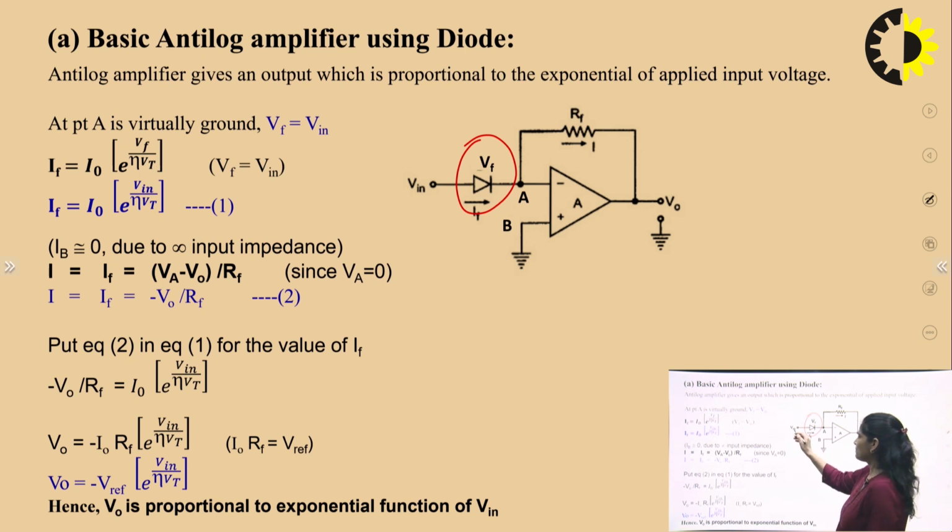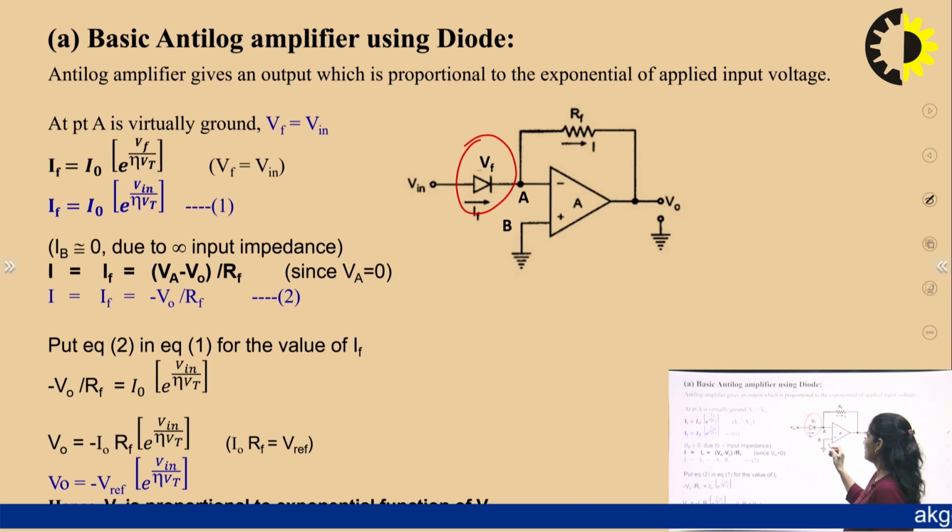Input voltage is applied at the inverting side, and the non-inverting terminal is grounded. RF is the feedback resistance connected in the feedback of the operational amplifier, and we have to find the output voltage for this antilogarithmic amplifier using diode.